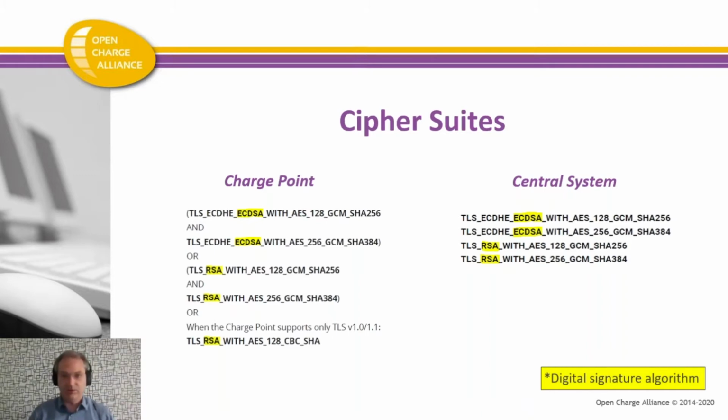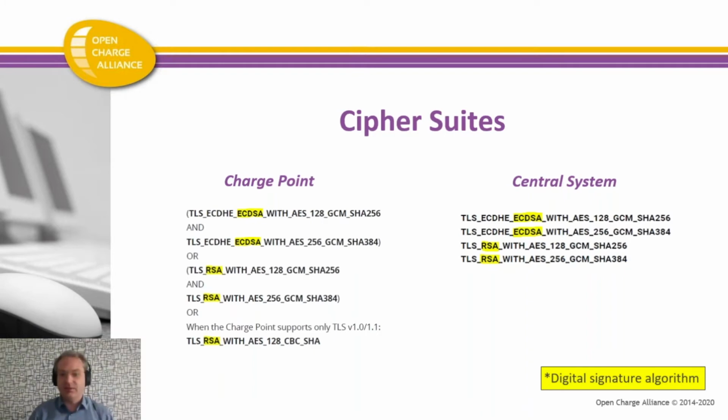Then the cipher suite you see here below is the one that you have to support. Please note that when you do not support TLS 1.2 or higher, you're not able to go for OCPP certification. For the certification to get a security certificate, TLS 1.2 is mandatory.